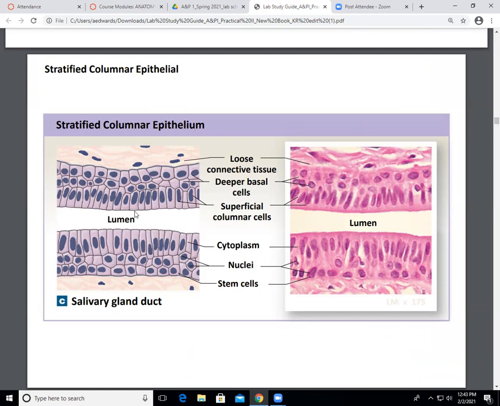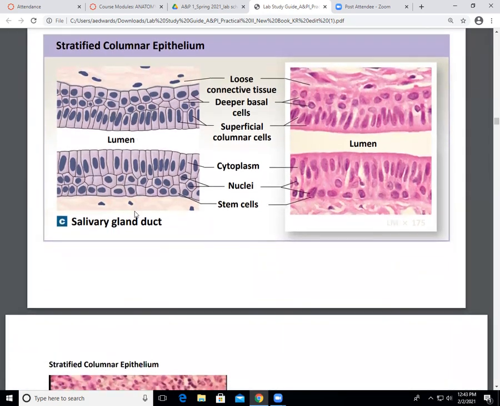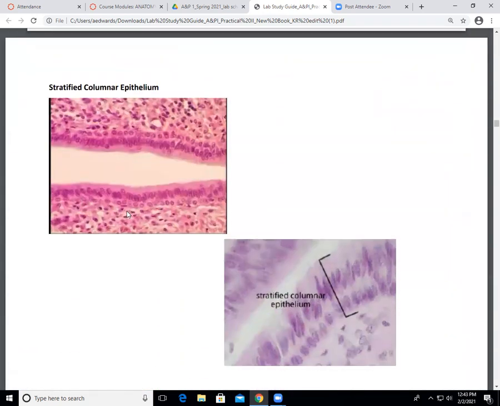All right, here, again, you got your connective tissue attached by basement membrane. Okay, another view. Again, multiple layers. All right, here's a layer. These are columnar, okay?